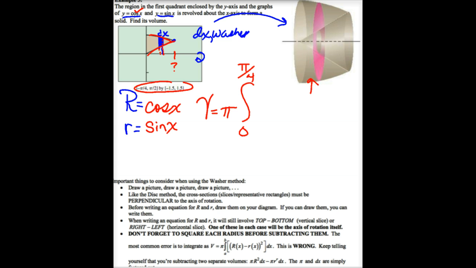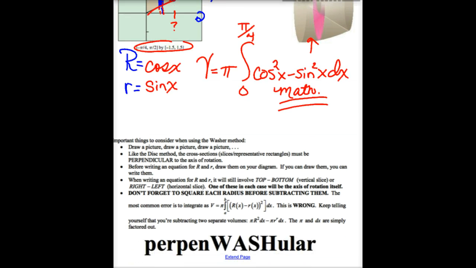So I do pi times big R squared minus little r squared dx. And what I would do is take out your calculator and run that through with your Math 9 just to see what you get. And I believe you end up getting 1.57 or so. I'm not positive, but I think. So here's what's really important to consider with these. You must have a good picture. If you can draw it, you can do it.